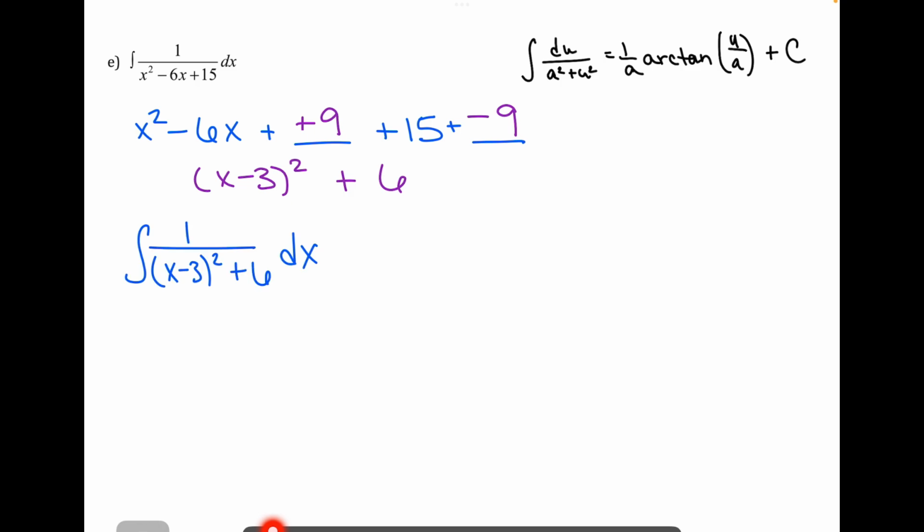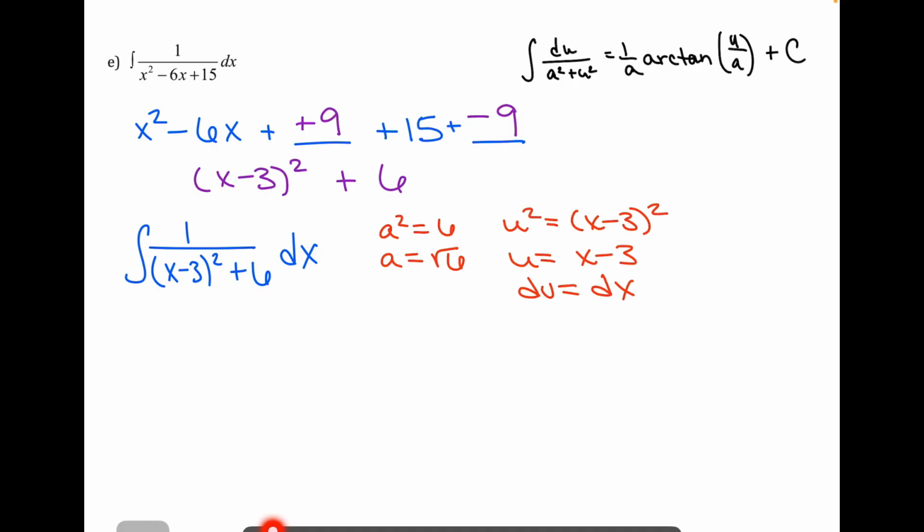So this problem becomes antiderivative of 1 over x minus 3 squared plus 6 dx. This now fits into that arctangent pattern. The a squared is the constant, it's the 6, so a is square root of 6. U squared has to be the variable term, so u squared would be x minus 3 squared.